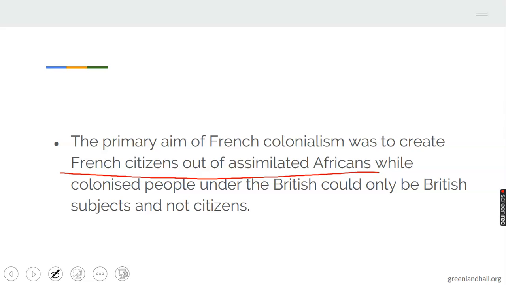That was their primary aim: to change African people to become French citizens in law, in all ramifications, while colonized people under the British could only be British subjects and not citizens.